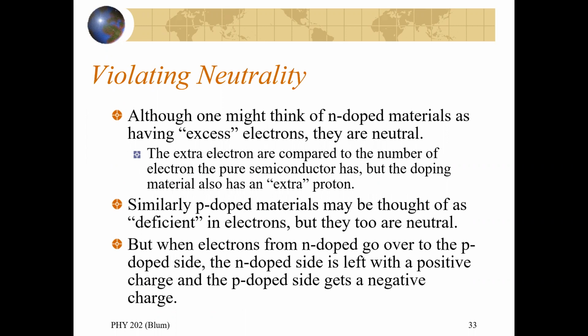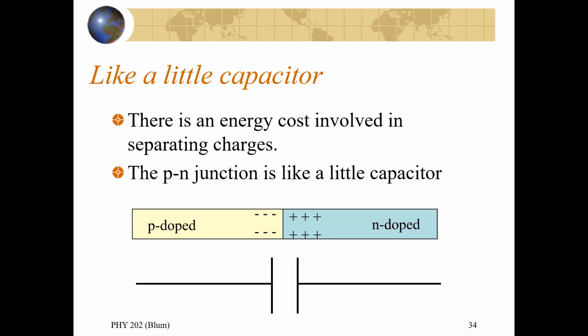So this is me talking about what I just said, that they were neutral, but now we get some real charge separation. You had some gain in energy from moving to the lower level, but you paid the price of separating some charge. And when that gain in energy and loss in energy start to cancel, that's when you stop going over to the other side. Okay, but I have some charge separation.